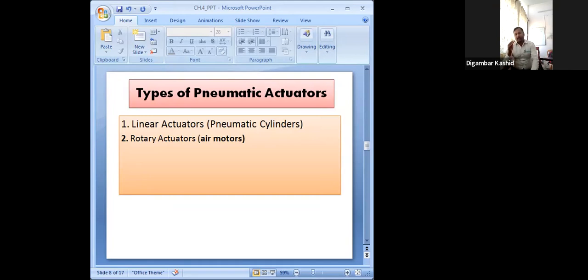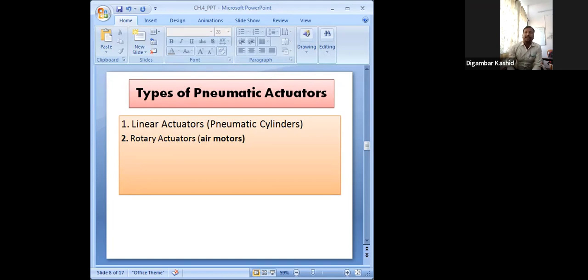So the first one, the pneumatic cylinder, generates motion in a linear way, that is, in a straight line, to perform useful work. The pneumatic actuators of this first type, the linear actuators or pneumatic cylinders, generate motion in a straight line to perform the work.